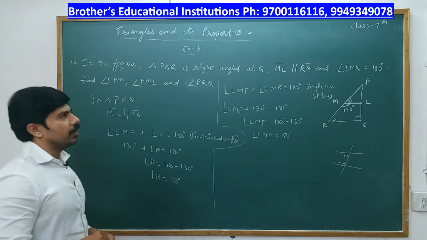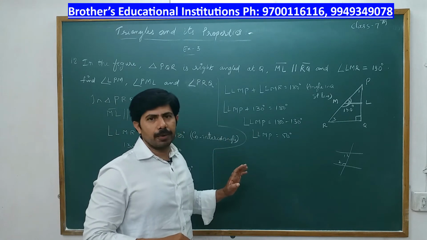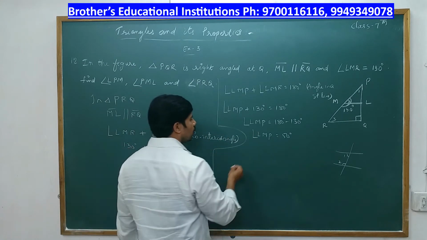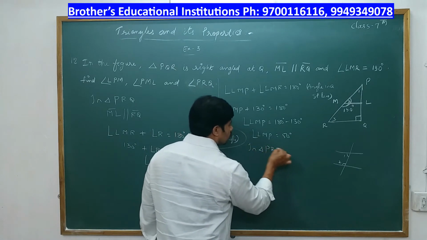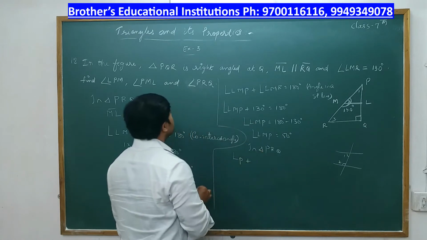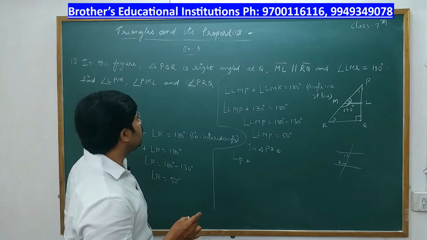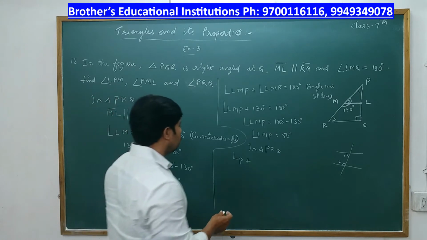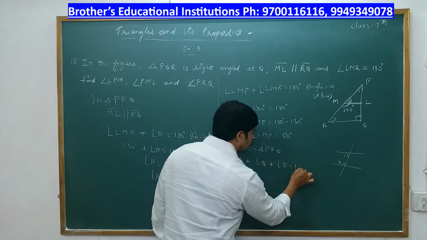In order to find out 1, we take the complete triangle PQR and we use the angle sum property. In triangle PRQ, angle P plus angle Q plus angle R is equal to 180 degrees.